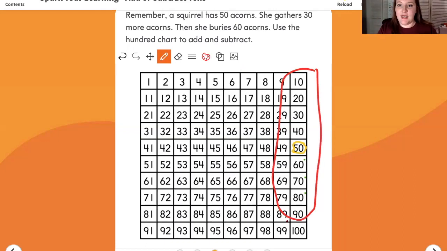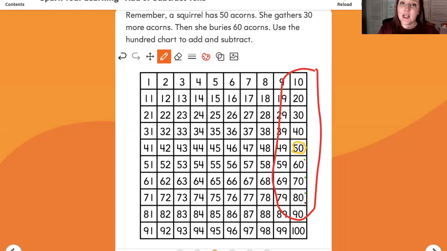We're focusing on this group right here. So the squirrel started with 50, she gathers 30, that's 50 plus 30, which gives us 1, 2, 3, 80, okay?